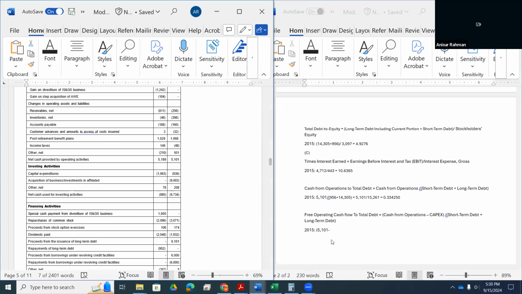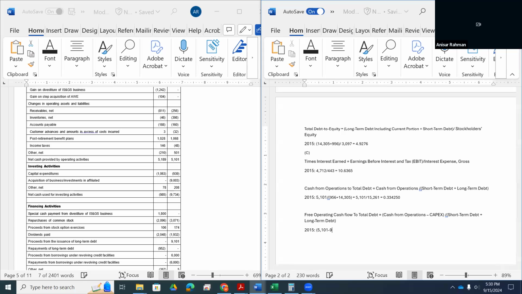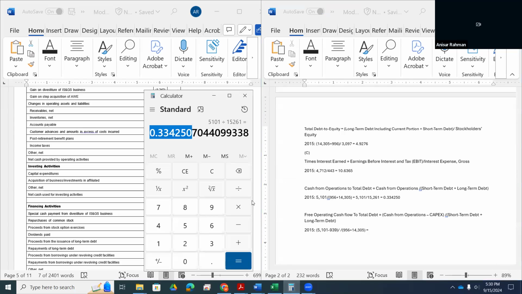So 939. We'll ignore the negative sign. This negative sign here means the cash was invested. Divided by short-term debt plus long-term debt, which you already calculated here. We'll copy paste from there.